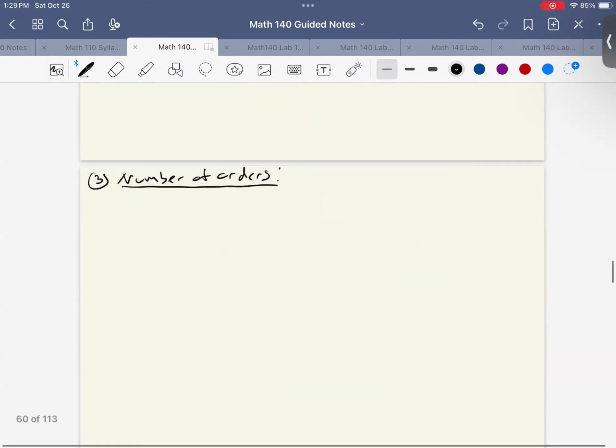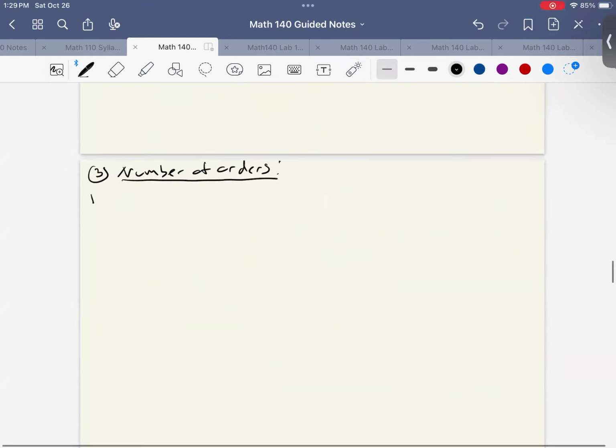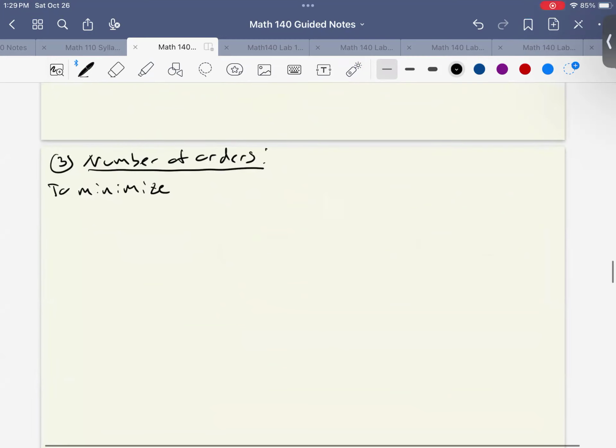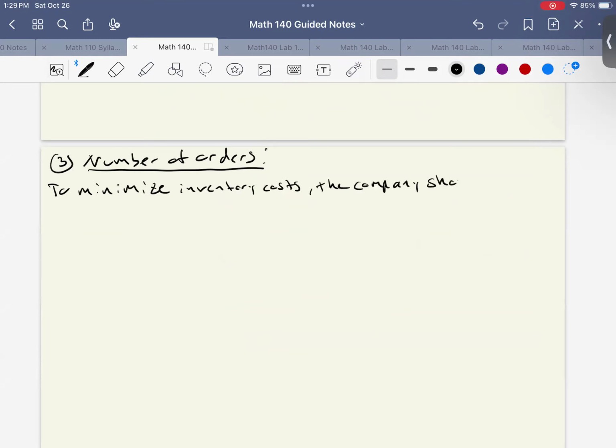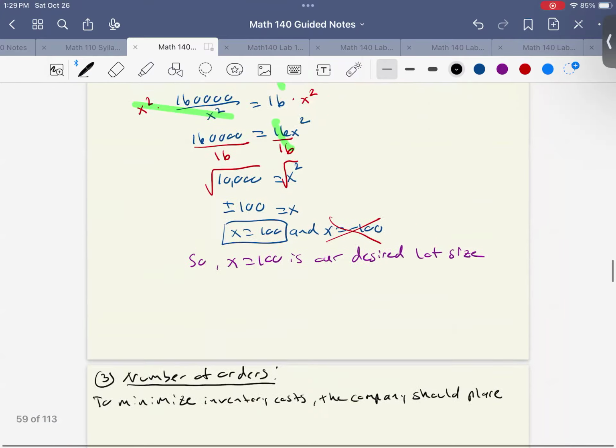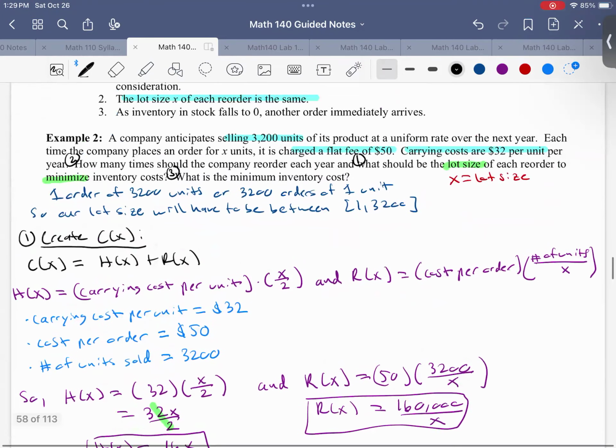Okay. So to minimize inventory costs, the company should place, and what we're going to do is cut up that 3,200, right?